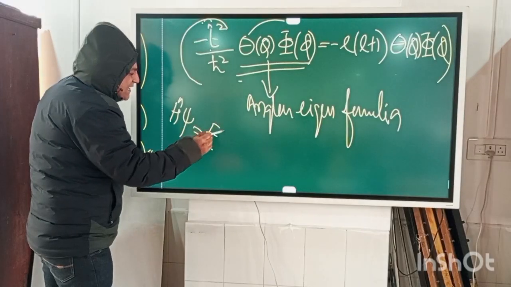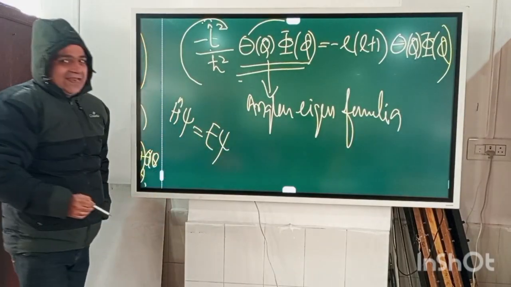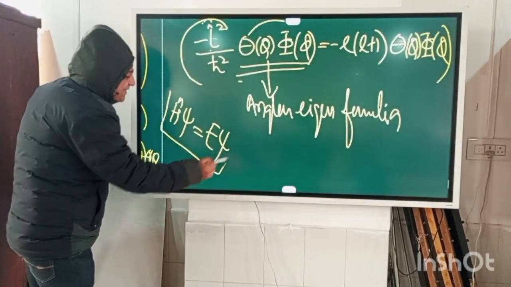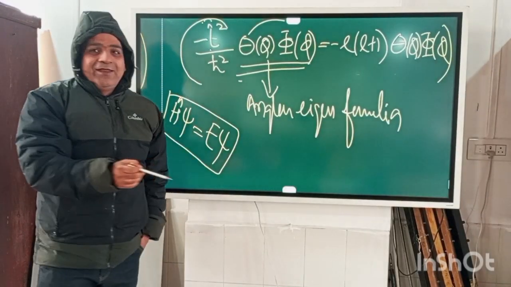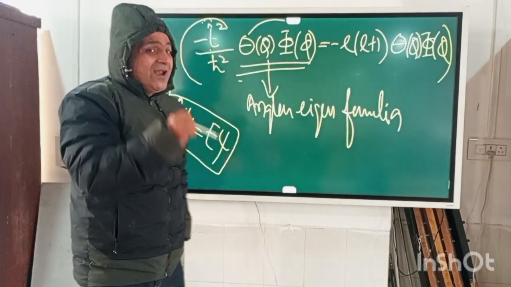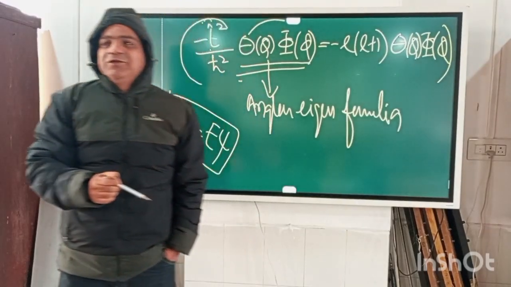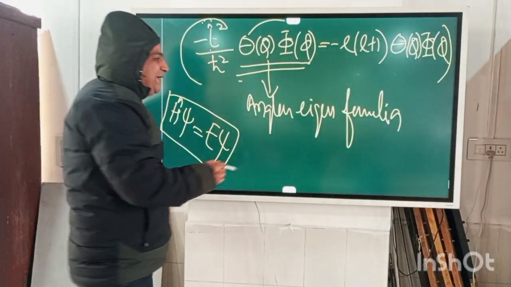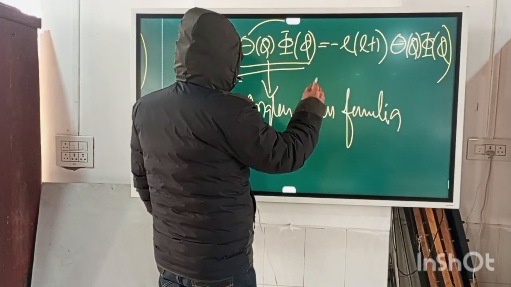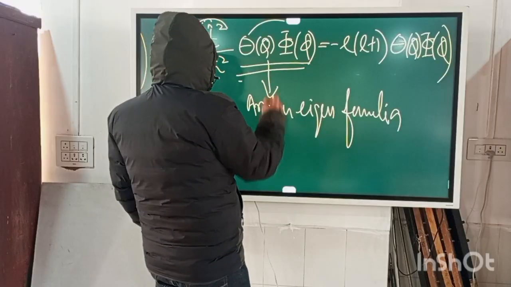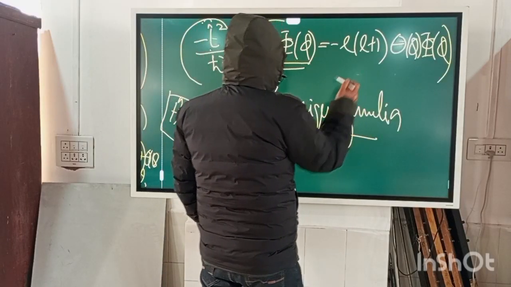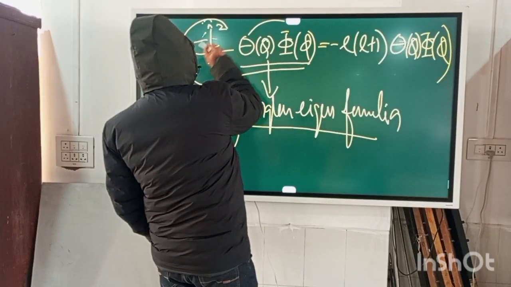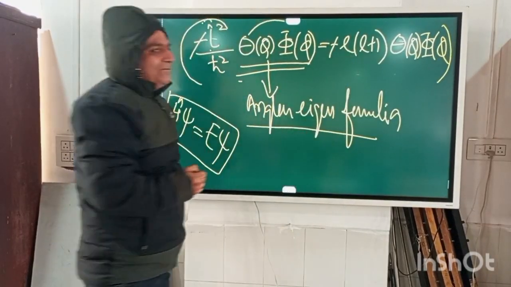You obtain E and psi. So what is this? This is your energy eigenvalue equation, right? And what we are obtaining here is the angular momentum eigenequation, right? So these are your angular eigenfunctions, and you can see this minus and minus will cancel, right?